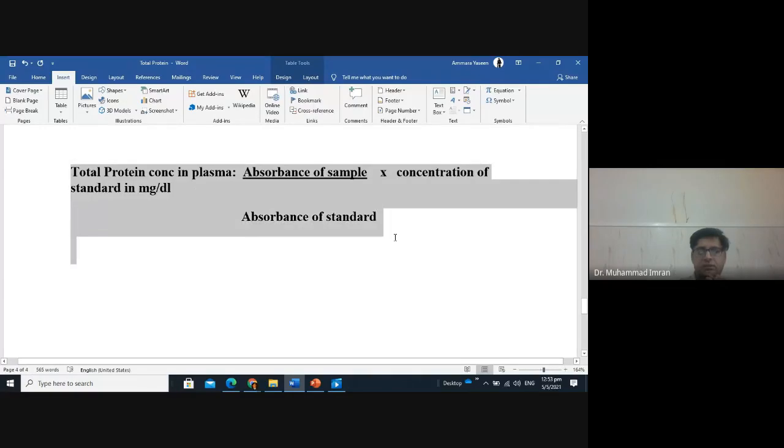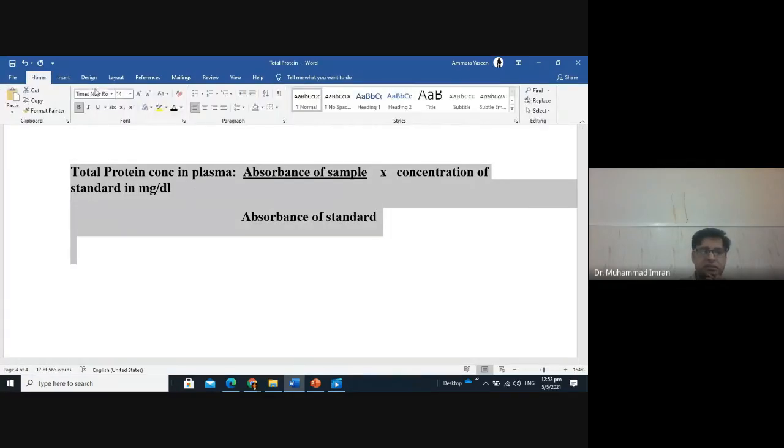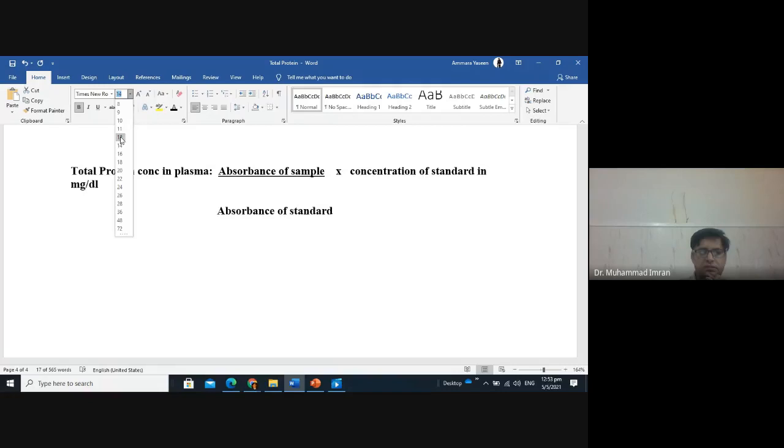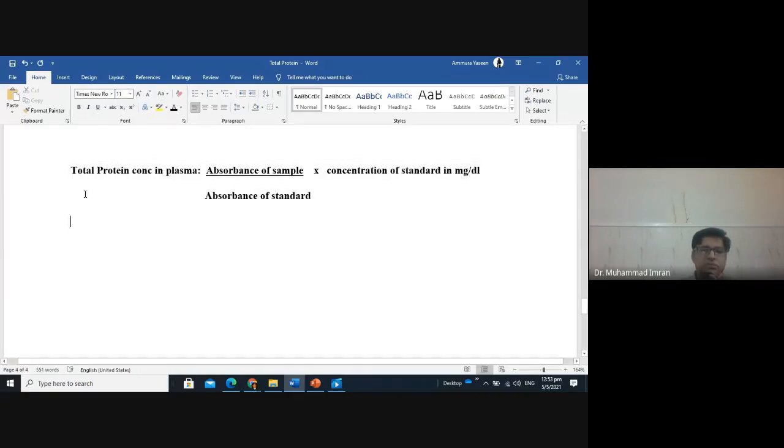What is the formula for this reaction? Here is the formula for total protein concentration in plasma: absorption of sample divided by absorption of standard, multiplied by concentration of standard.